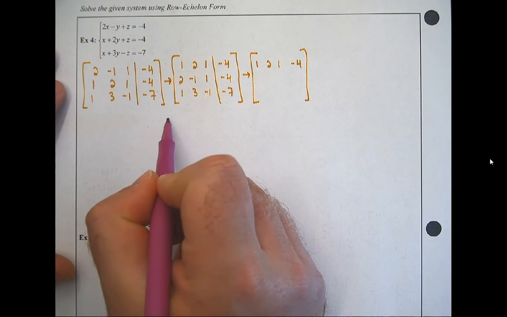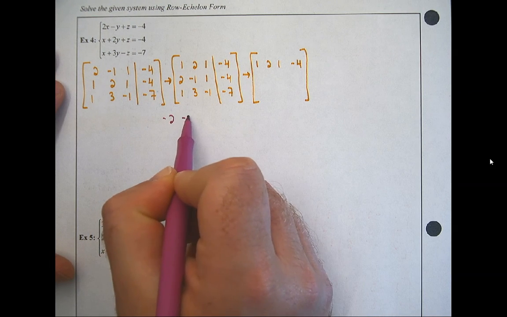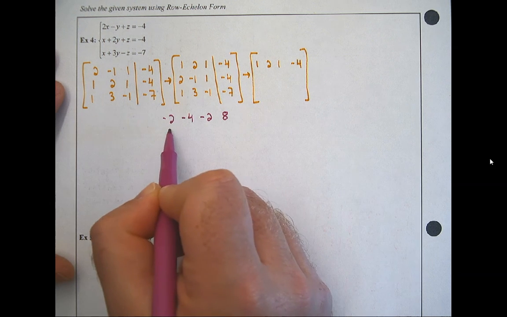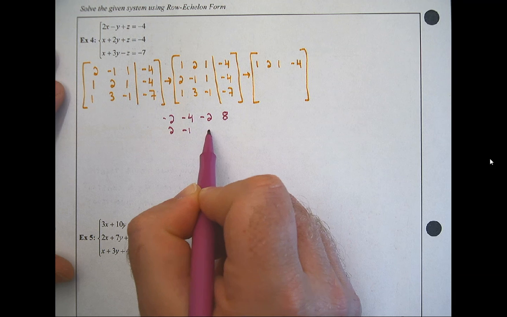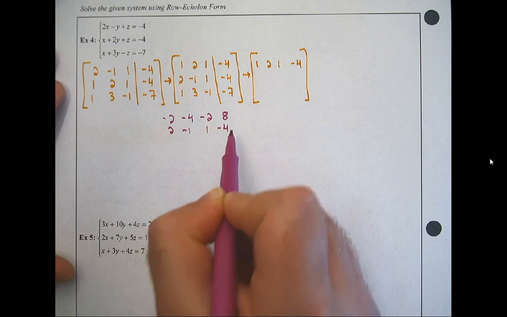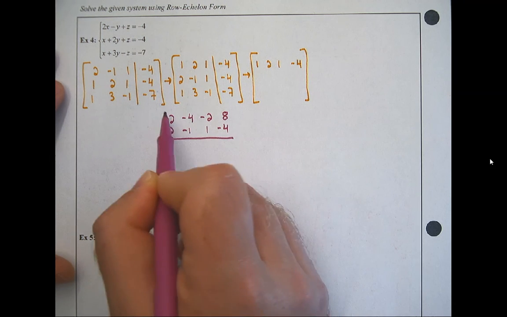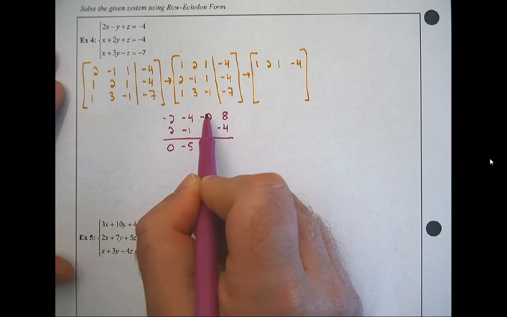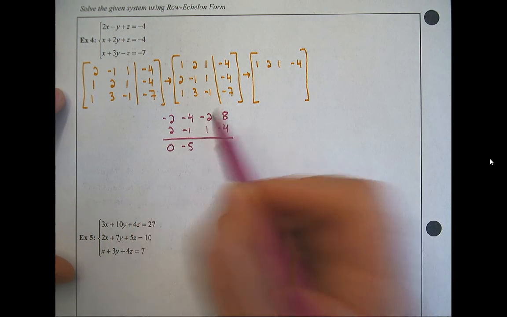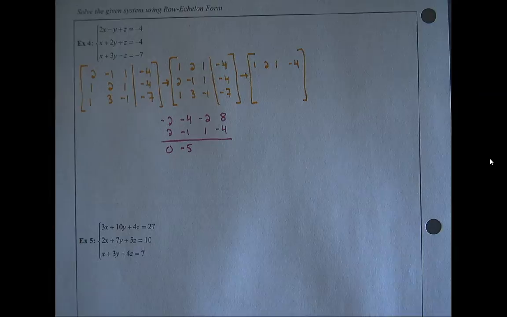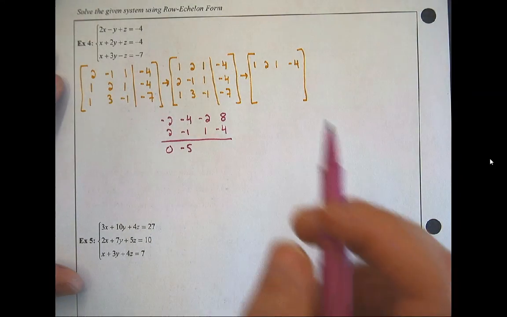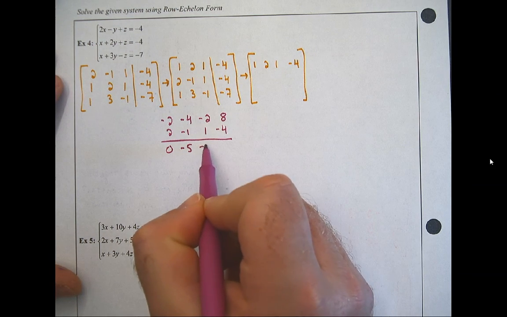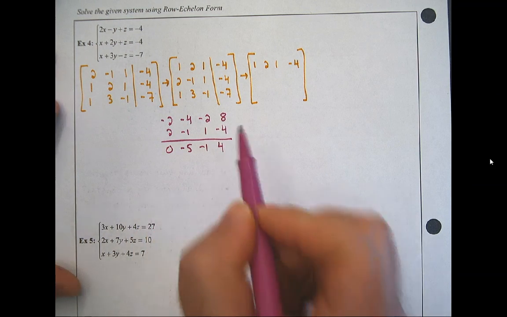So row 1 times -2 would be -2, -4, -2, +8, and then row 2, 2, -1, 1, -4. I can add these up. That would be 0, that would be -5, that would be -1, and then that would be 4.